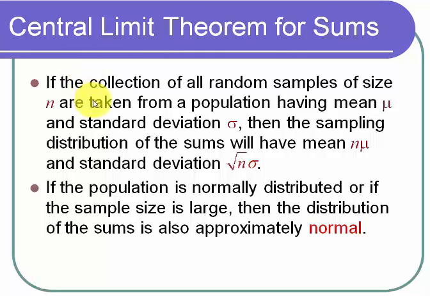So it turns out that if the collection of all random samples of size n are taken from a population having mean mu and standard deviation sigma, so we're looking at the sampling distribution, but now we want to look at the sampling distribution of sums. So what is the sampling distribution of the total? Well, it turns out that it will have mean n times mu and standard deviation root n times sigma.